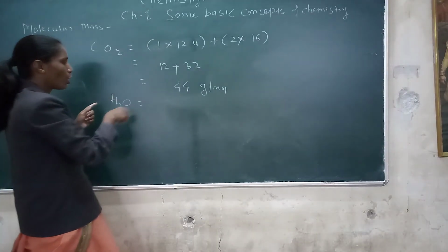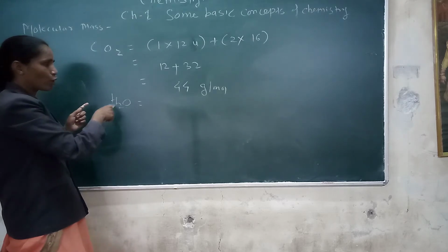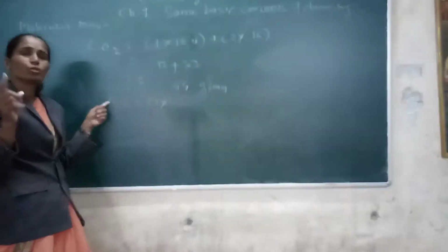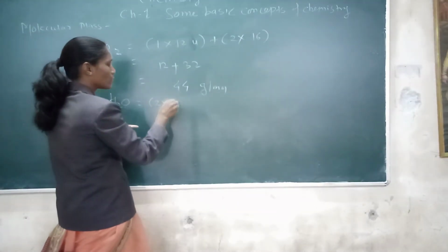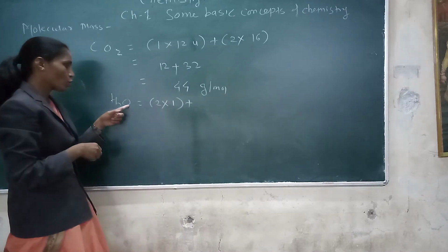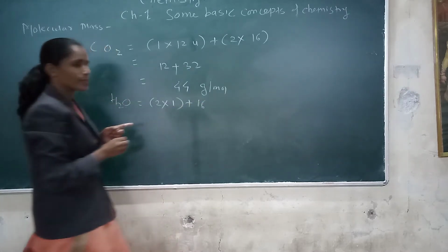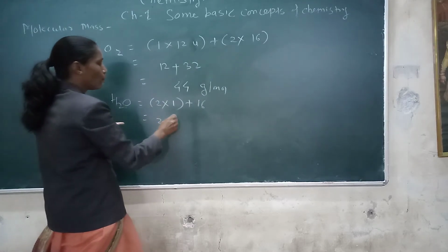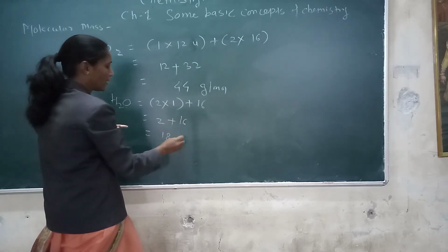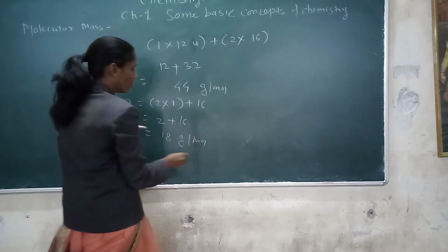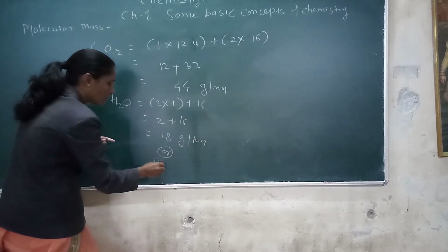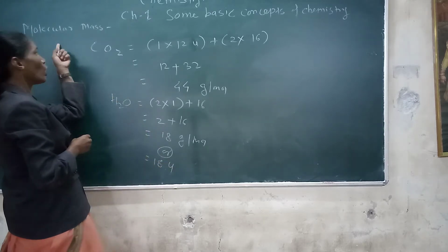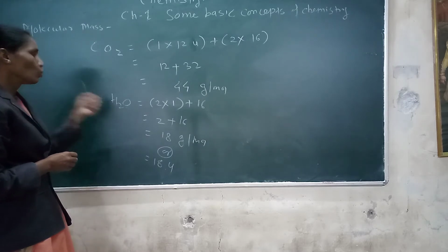Here, summation of atomic masses of hydrogen and oxygen: hydrogen 2 means 2 into 1, plus oxygen, which shows 16 unit or gram. Therefore 2 plus 16 is equal to 18 gram per mole, or 18 unit. 18 unit is the molecular mass of H2O.